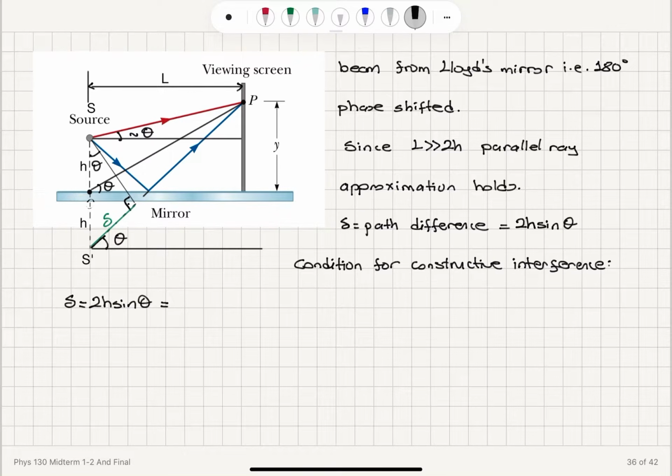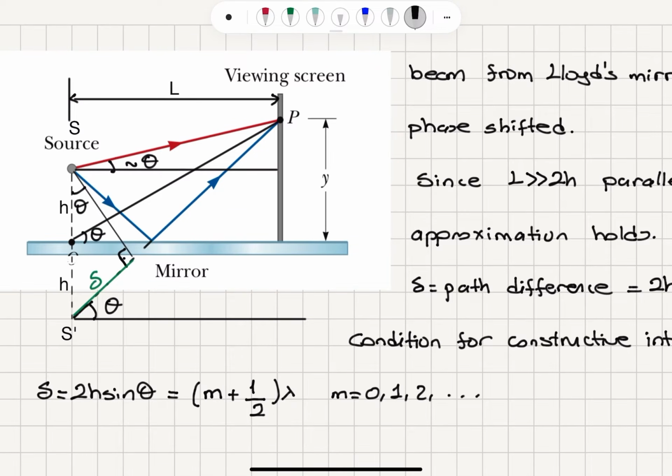Normally we would write path difference equals m lambda for constructive interference, but because we have a 180 degree phase shift, this should be m plus 1/2 lambda, where m can take values 0, 1, 2, etc. In addition, for the pattern on the screen, the central point normally would be a maximum. Instead of a central maximum, we will have a central minimum.